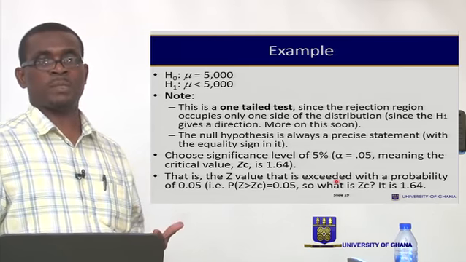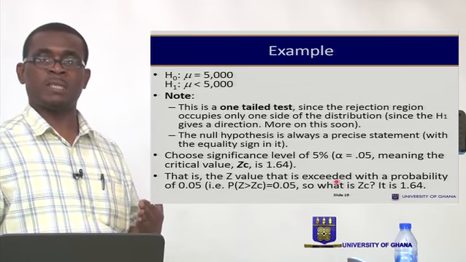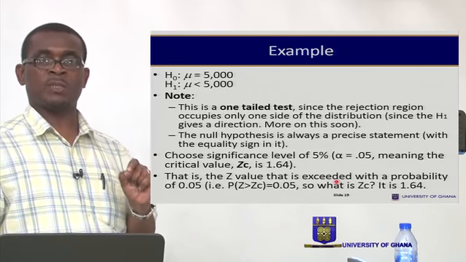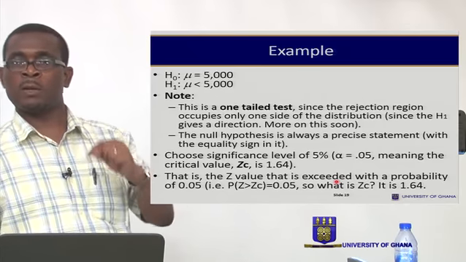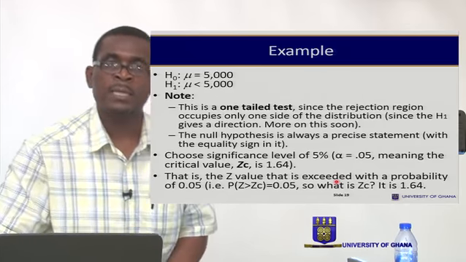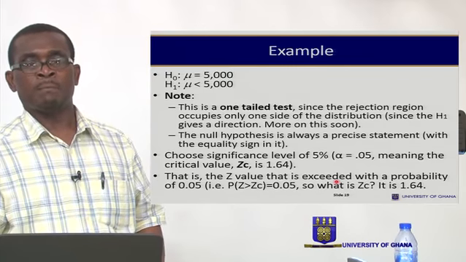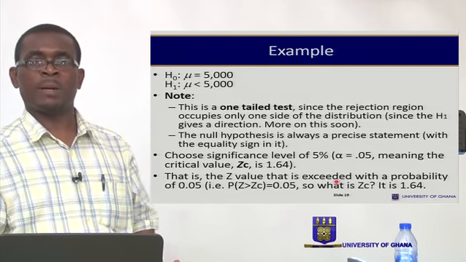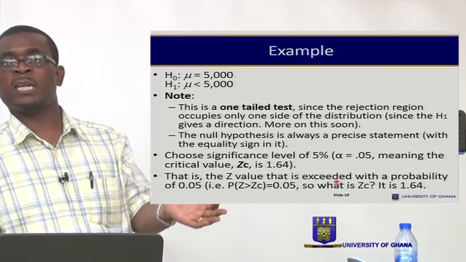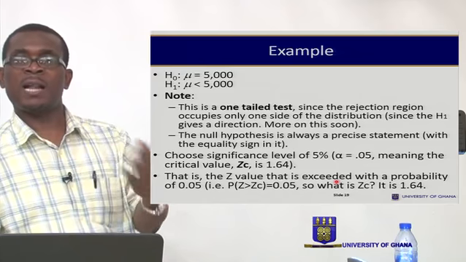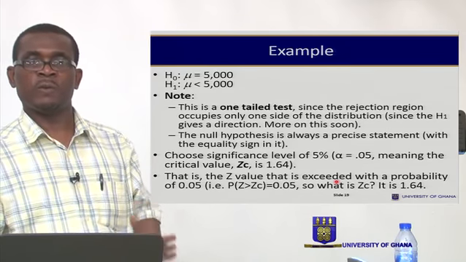The null hypothesis is always a precise statement with the equal sign in it. So it's either equal to, less than or equal to, or greater than or equal to. You would always find the equal sign in it. Now, once you state your hypothesis, you choose your significance level. Conventionally, let's choose 5%, so our alpha is equal to 0.05.